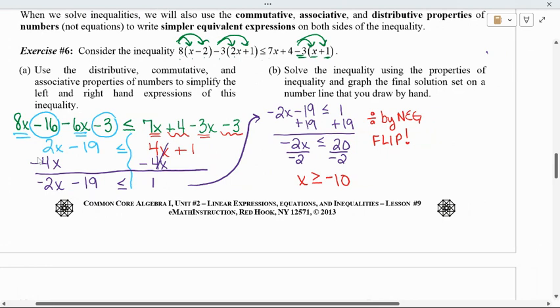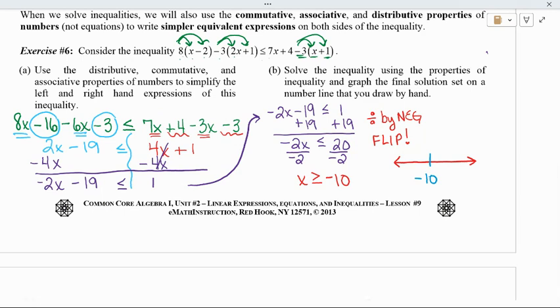So I just want to show you, whenever you have to sketch a graph of an inequality, the only number I ever put on my number line is the number that's given as the beginning part of the solution set, negative 10. It's the only number I ever put on there. Is this going to have an open circle or a closed circle, and why? Isaac, open circle or closed circle? Why? Good job.